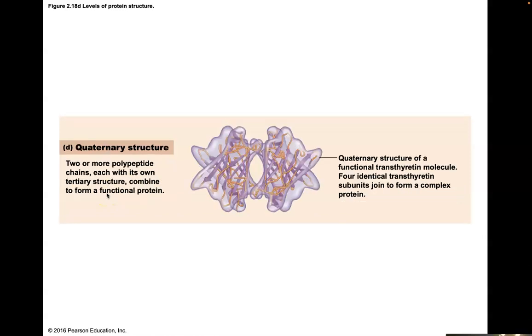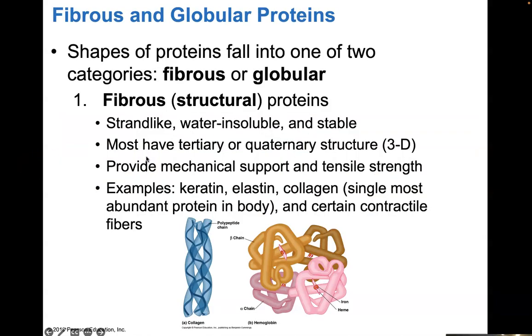And then quaternary structure is simply when you have two or more polypeptide chains, each with its own tertiary structure, combining to form a functional protein. So here you have one polypeptide here with all of its tertiary folding, another polypeptide here with all its tertiary folding, and now they're interacting together to form a quaternary structure. Okay, that's all that is.